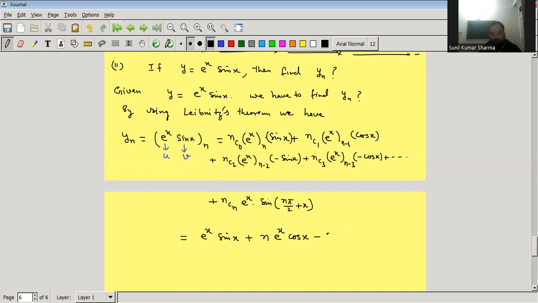So we write minus n(n minus 1) upon 2 factorial, e to the power x into sin x, plus nC3, n(n minus 1)(n minus 2) upon 3 factorial, that is 6, with a minus sign here, e to the power x into cos x, plus nCn is 1, e to the power x sin(n pi by 2 plus x).